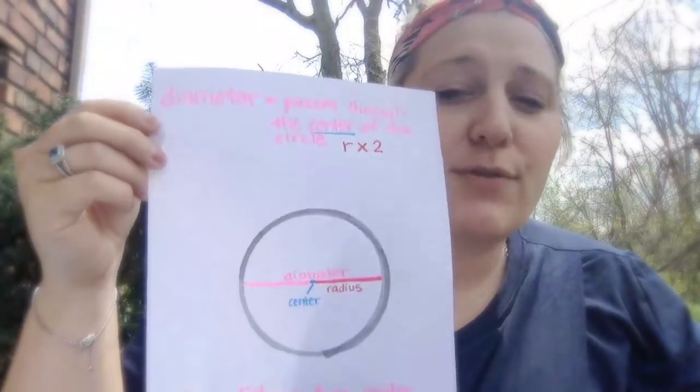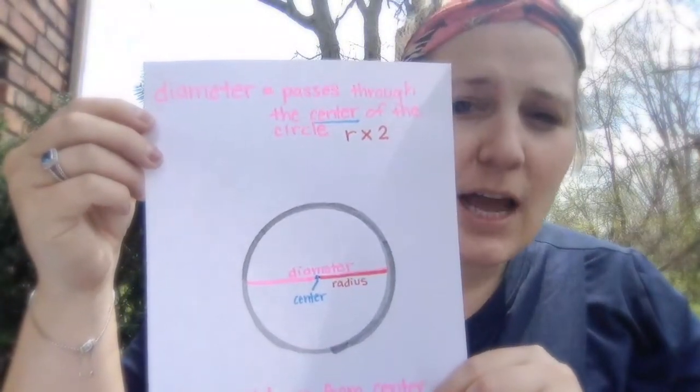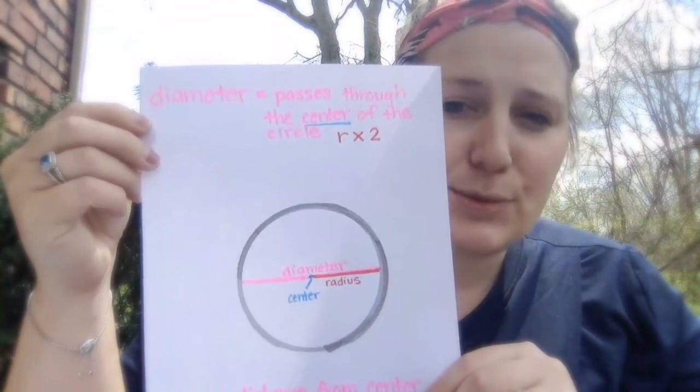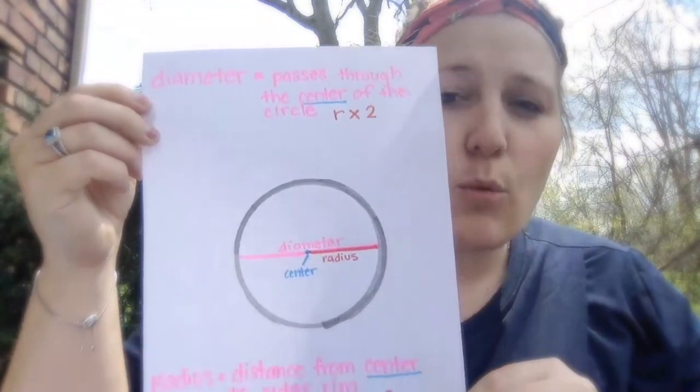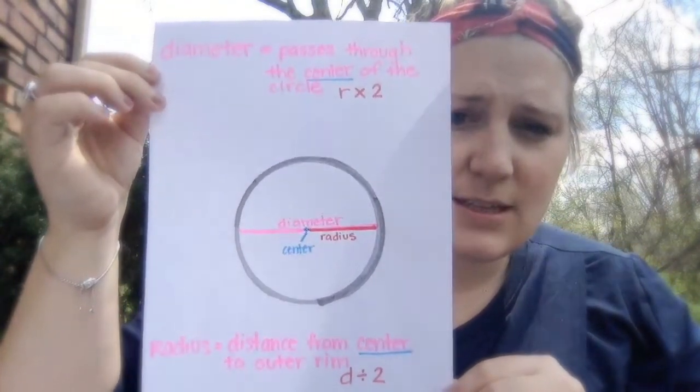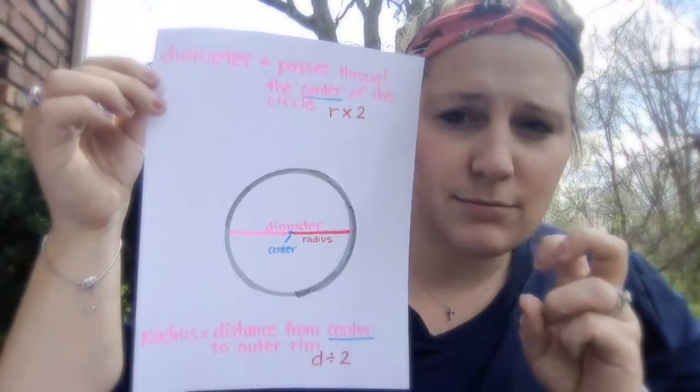If I'm trying to find the diameter, I would just take the radius and times it by 2. All right, we're going to do some examples of that, and there will also be a version of this anchor chart before you do any examples.